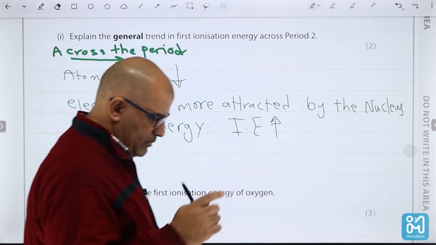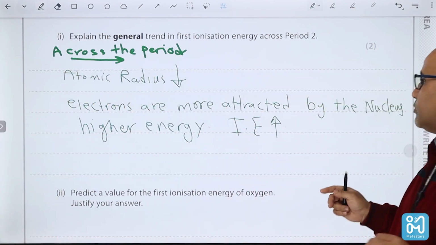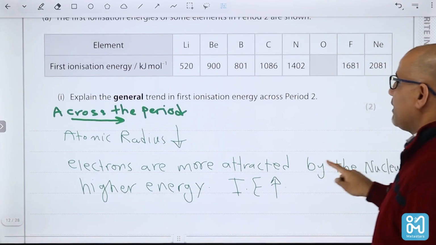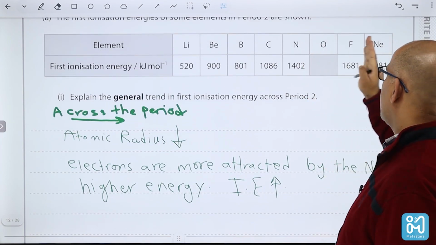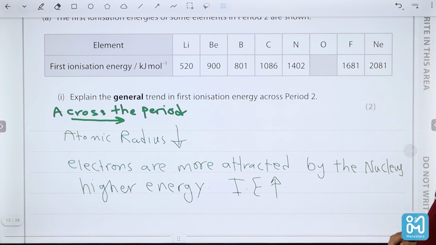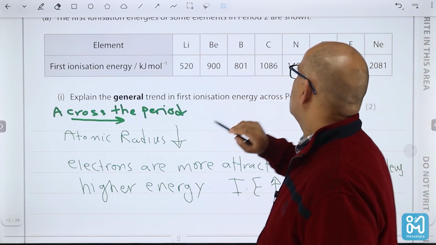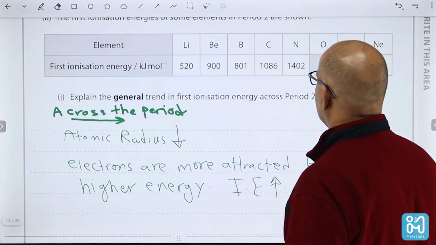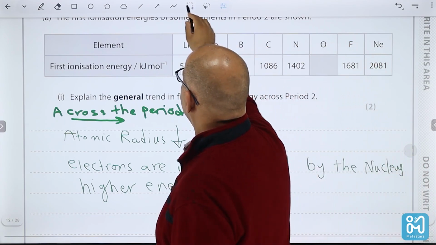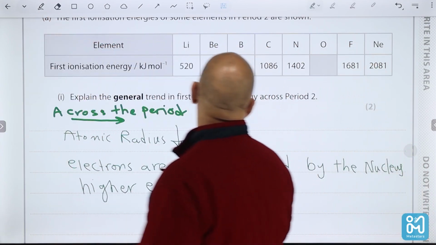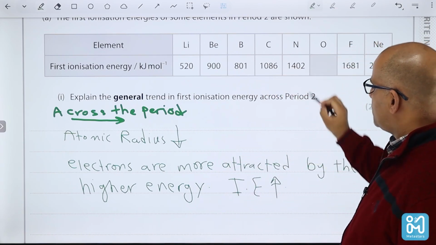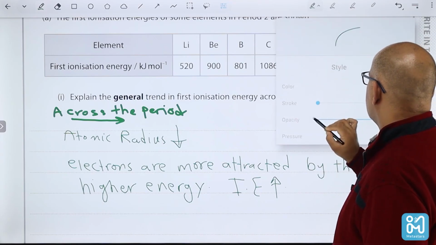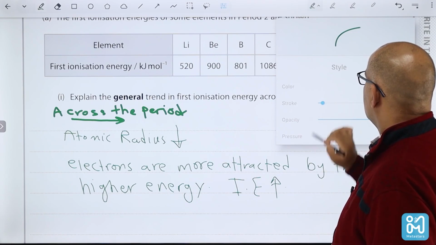Now for oxygen, you should go back to the electronic configuration in the table given in the question. We have nitrogen, oxygen, and fluorine.